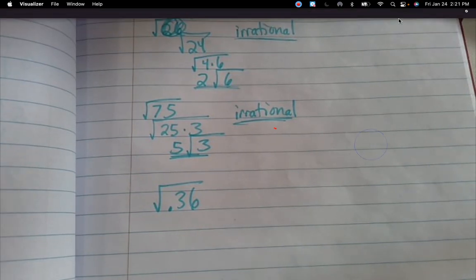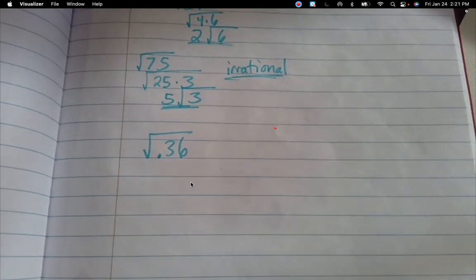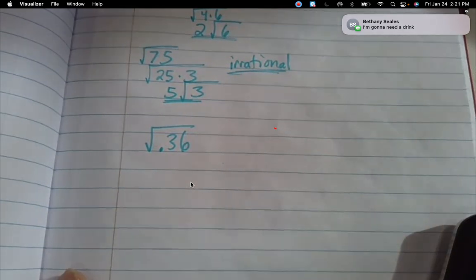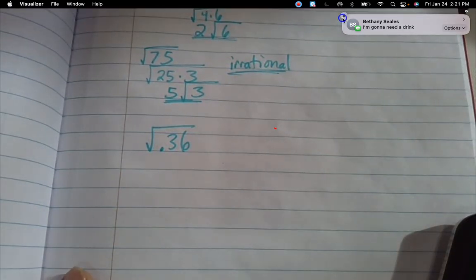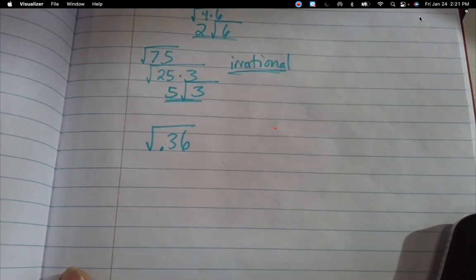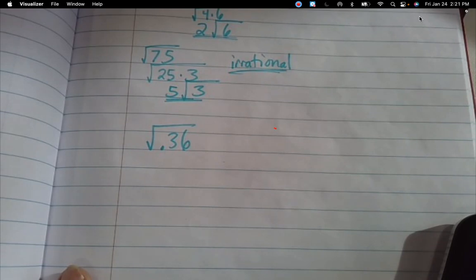Computer's doing something crazy. Okay, the square root of 0.36, this one is a perfect square. So I'm gonna write, okay, the square root of 0.36.